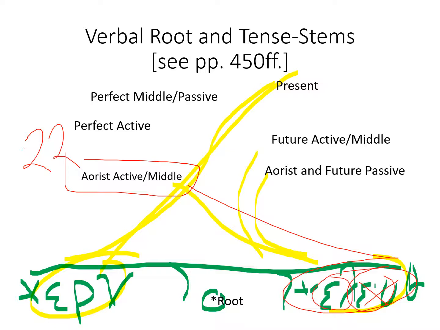This epsilon, yes, is lengthened, and the result is eta, lambda, theta, aelth. That becomes our stem, and then aelthon in the first singular. That again is explained in footnote 19 on page 454.